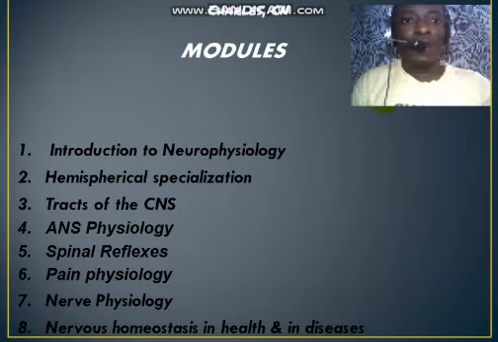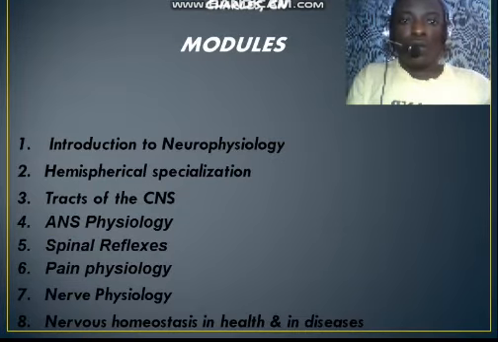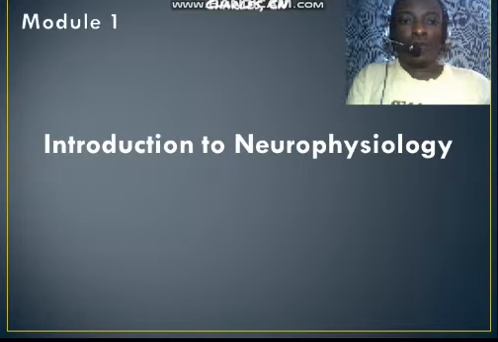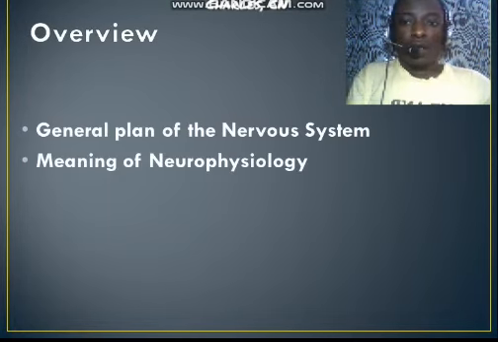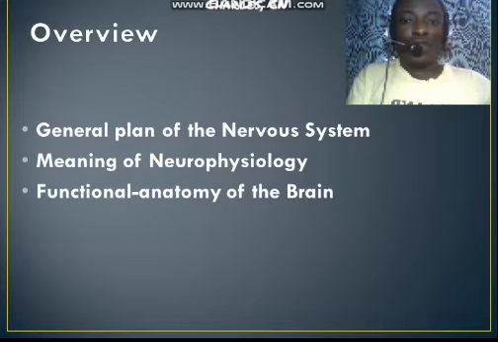Fantastic. Going forward, we will now look at module 1, the introduction to neurophysiology. We'll look at the general plan of the nervous system, the meaning of neurophysiology, and the functional anatomy of the brain.